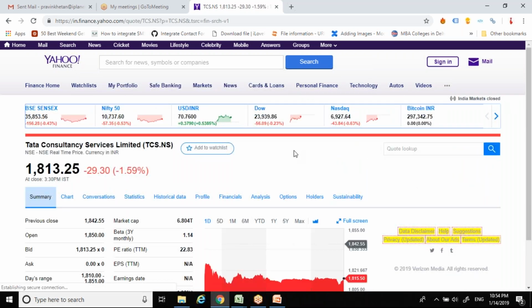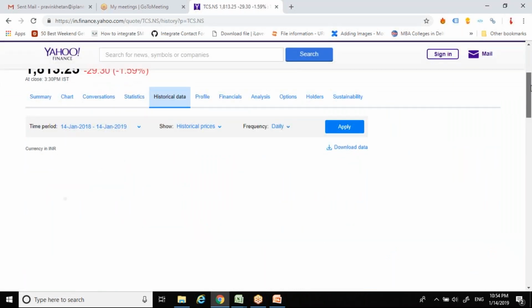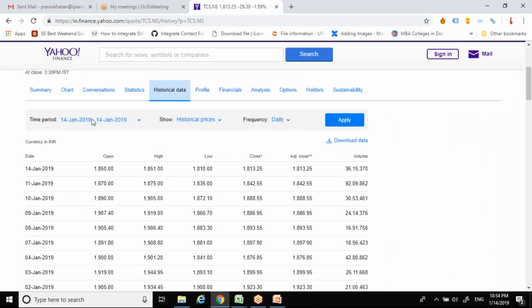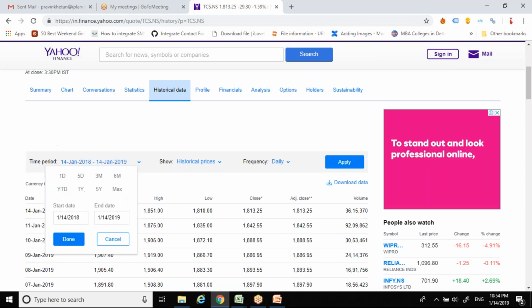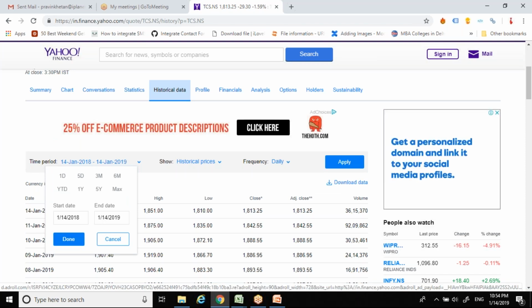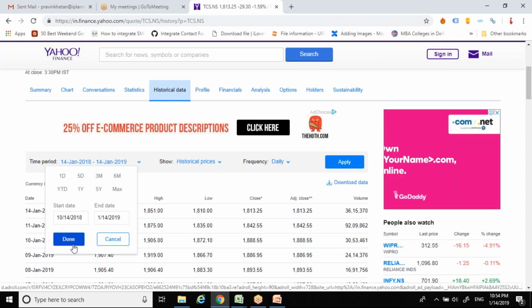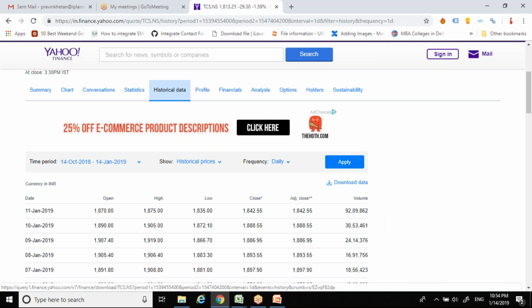I want the historical data here, and I want 3 months data, daily prices from 14th October 2019, and download the data.